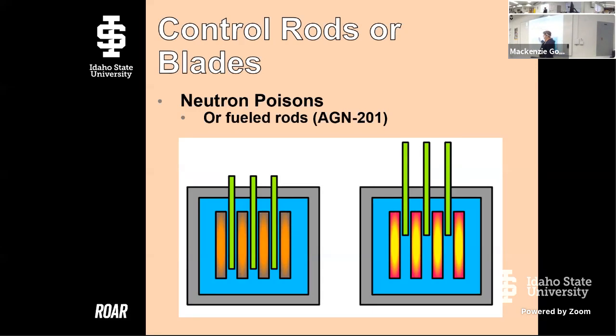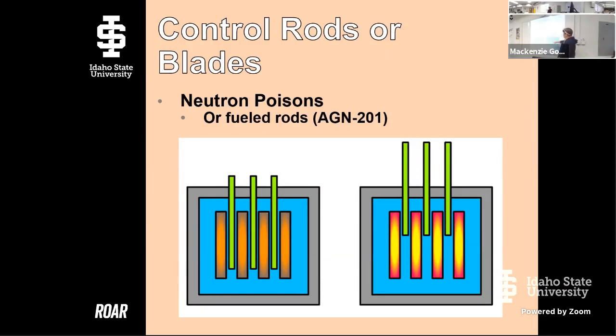So when we look for poison materials, these are typically things like boron or hafnium. They're going to be, with a very small amount of material, able to remove a lot of neutrons from the ability to create fission.